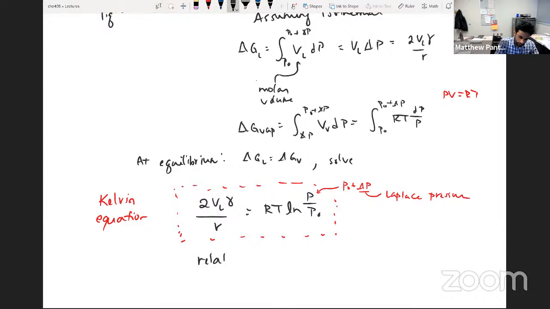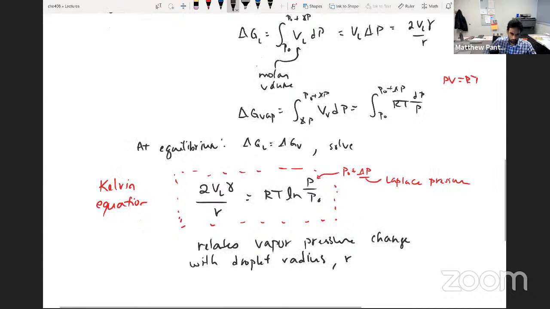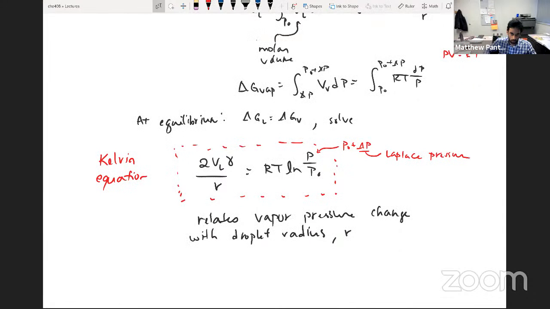This relates the vapor pressure change with droplet radius r. So let's see what the consequences of this look like.